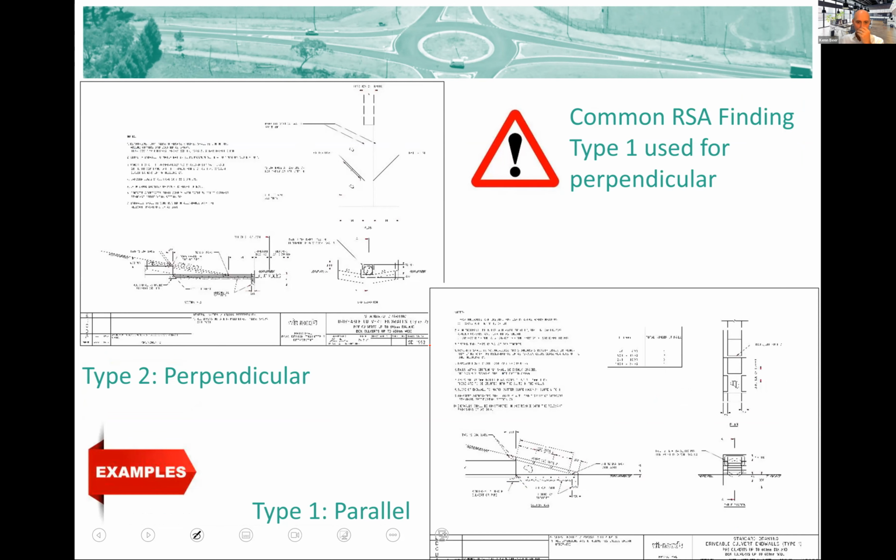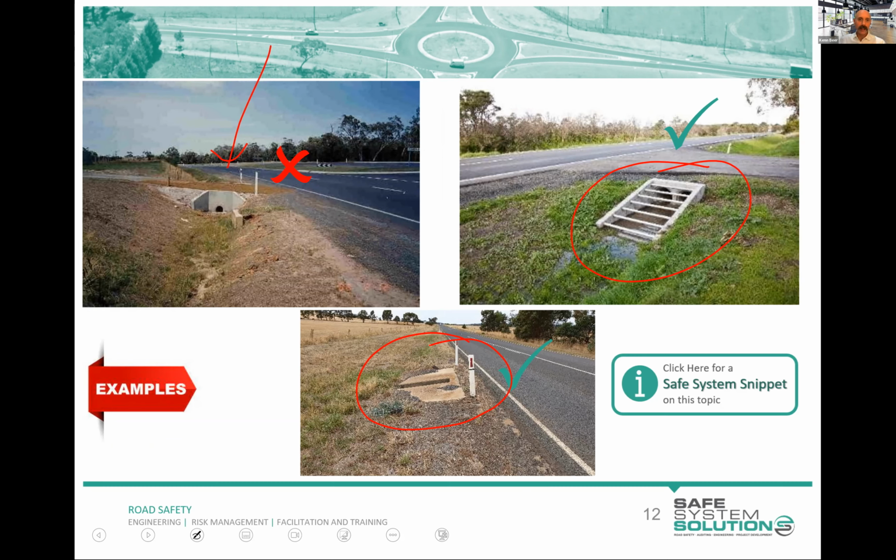But if you put a type 1 down when the culvert is going across the road, it's really not going to provide as much benefit. It's not highly bad, but you do want to make sure you get as much benefit as possible. Those are the kind of specifics you'd be picking up in detailed design audits. So you can see if you've got a huge amount of design documentation to work through, how time consuming it can be.